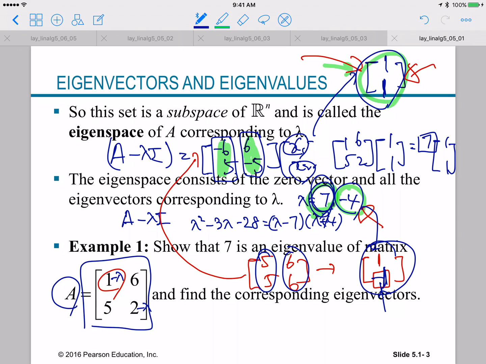You can evaluate it in order to verify that it is true, right? And so if you use this special vector 1, 1, your matrix A will not change the direction of this vector, but it will actually increase the length of the original vector by 7 times. Okay, 7 times.